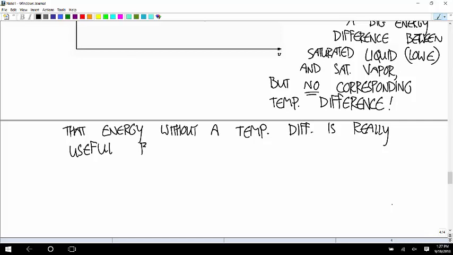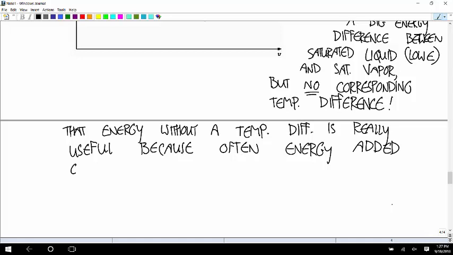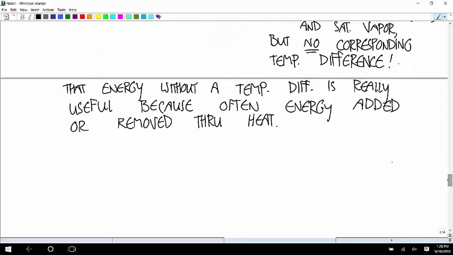Because often energy is added through heat. Well, let's say added or removed through heat. Okay, so here's an example of how engineers take advantage of this in a lot of cases.